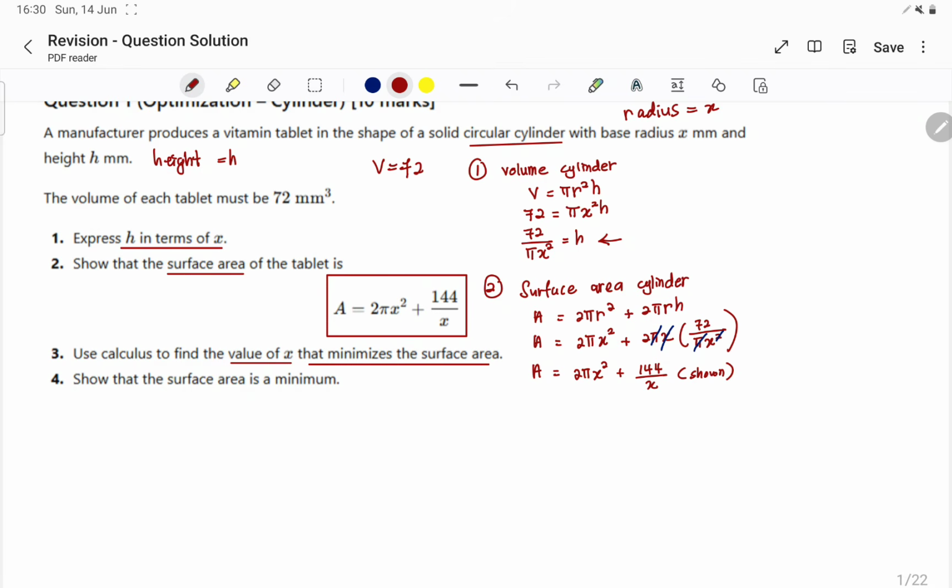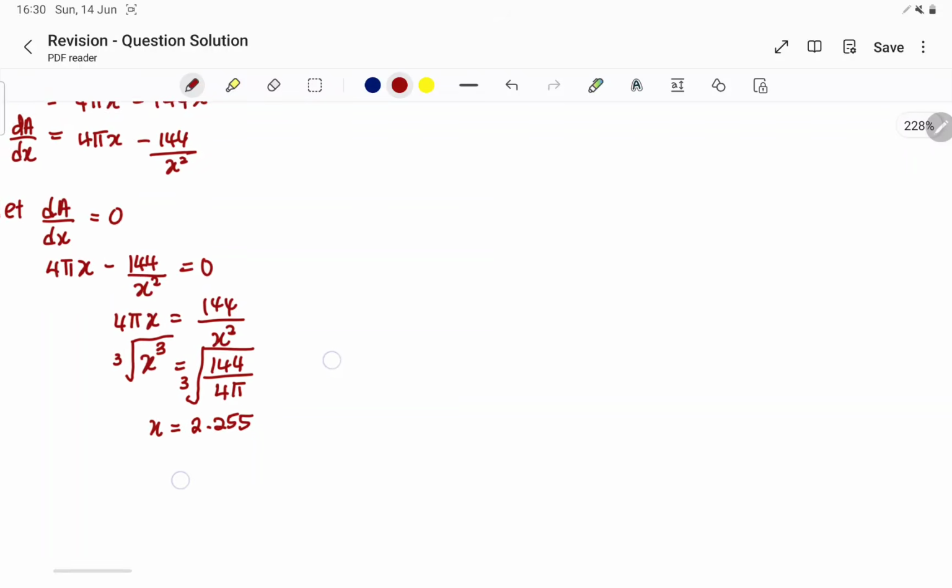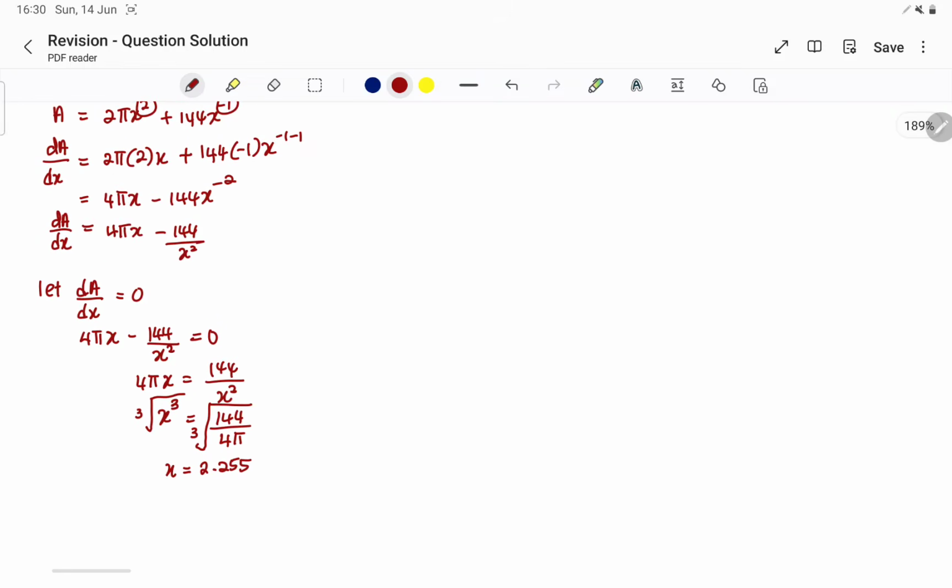Then the next one is they want us to show that the surface area is minimum. By right, we have to first find the surface area when x is equal to 2.255.